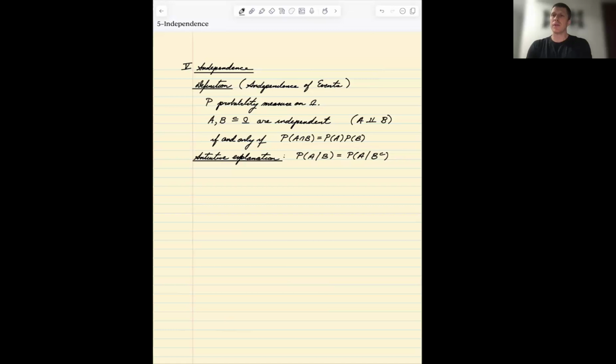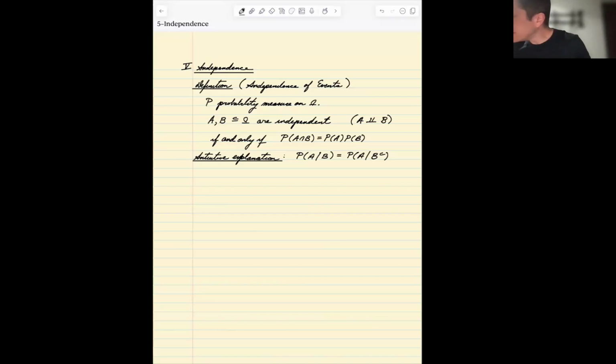It's how we update our opinions based on information. How do we update our opinion about A given information about B? In this intuitive explanation, saying the conditional probability of A given B equals the probability of A given B complement is to say I update my information exactly the same in both cases.